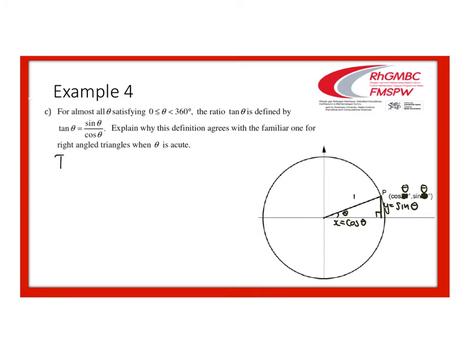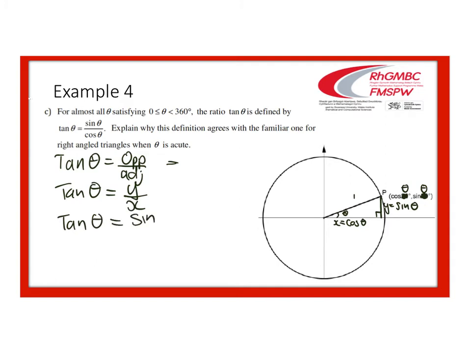Tan theta is equal to the opposite over the adjacent. So what we get here is that tan theta equals y over x. And then if we substitute in those trigonometric equivalents, I get tan theta equals sine theta over cos theta.